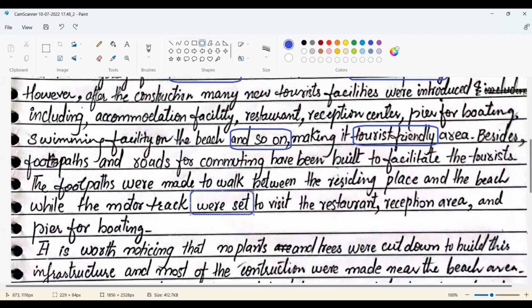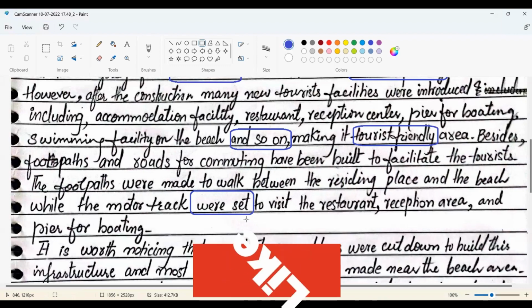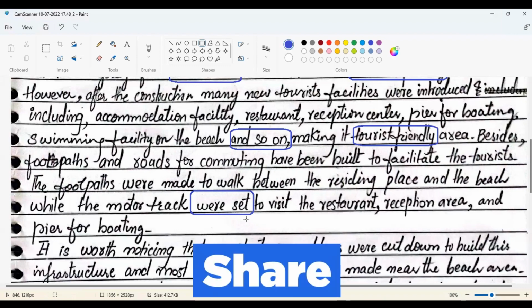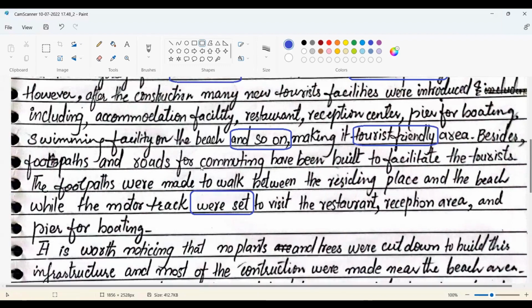Can we say any other word in place of "set"? "Were built" you have already used. I guess, yes, "were constructed." Manufactured? I'm not sure if we can use manufactured. Manufactured is used for products made in factories. Let's check.